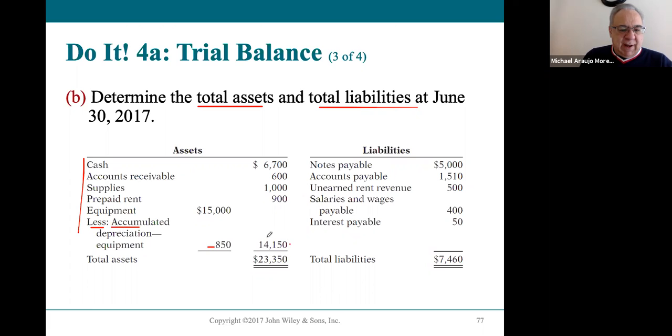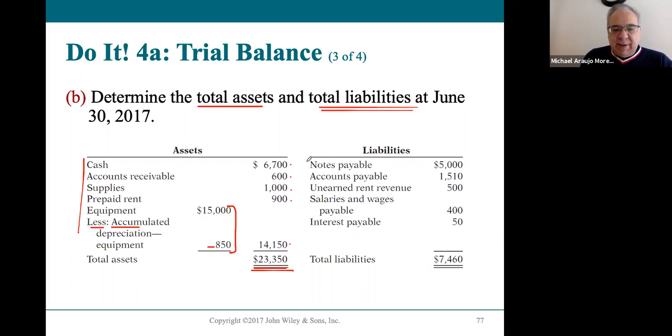The 14,150 is the book value of the equipment. It's these two numbers, right, subtracted out. So cash, receivables, supplies, prepaid rent, all current assets. Equipment minus accumulated depreciation on the equipment, property, plant, equipment accounts. Total assets, 23,350. All they wanted you to do in this one, again, I didn't write it, just explaining it.